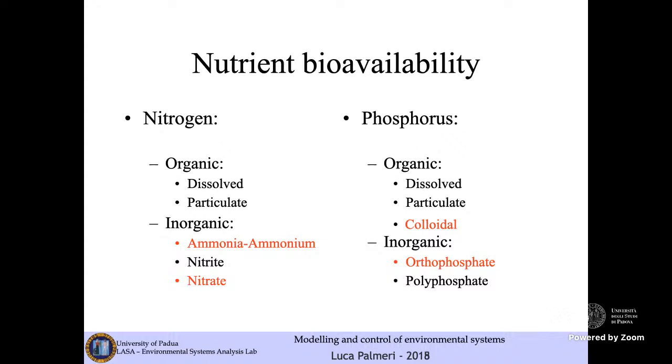It is a form in between dissolved and particulate, and especially in a wastewater treatment system, it may play a key role in the limiting effect of nutrients. So sometimes you may need to include into your limiting effect also the quota linked to colloidal phosphorus.